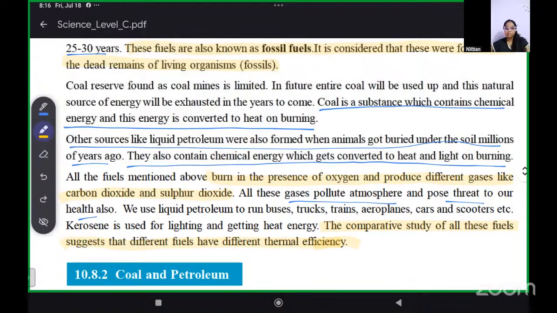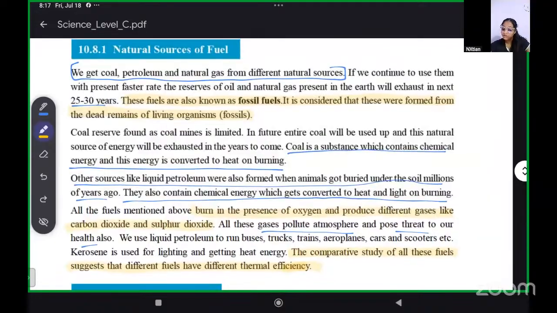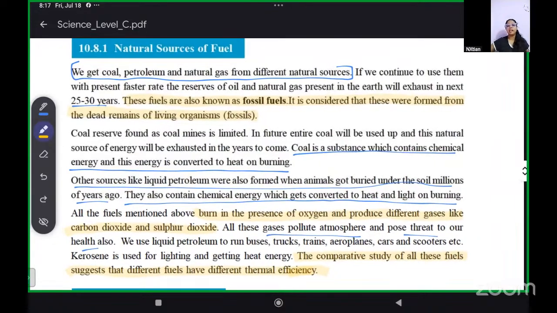Some fuels produce more heat, some will produce less heat. So this is about natural sources of fuel, the ones that we get naturally from the environment. Artificial ones are man-made, produced by humans.